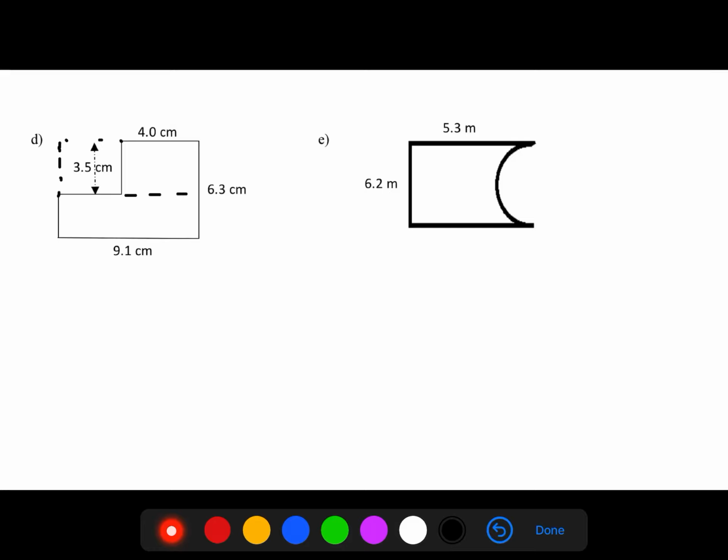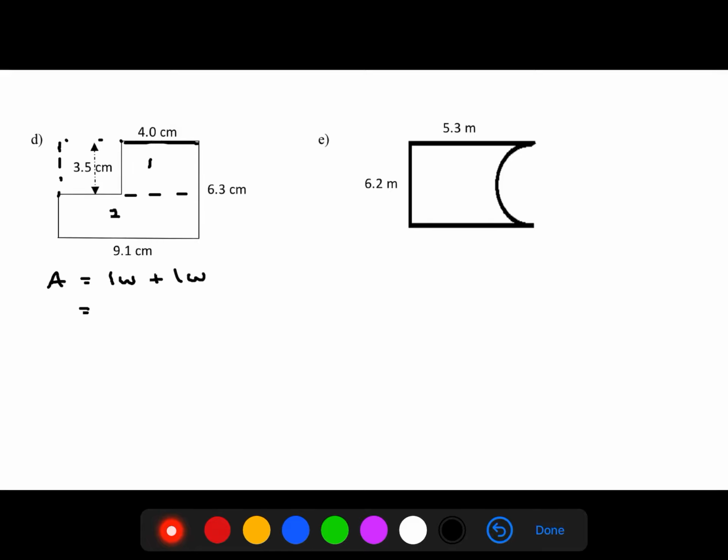So either splitting what you do have into 2 parts and adding them together, or including the whole thing and taking away what's missing. It doesn't matter, you're going to end up with the same answer. We're going to do it that we're going to take our 2 different sections here. So we're going to have section 1 and 2, and we notice that we're going to have rectangles in both spots. So we're just going to figure that out and then add them together.